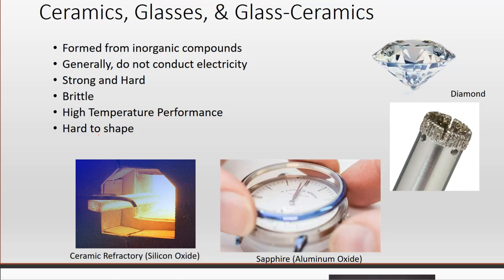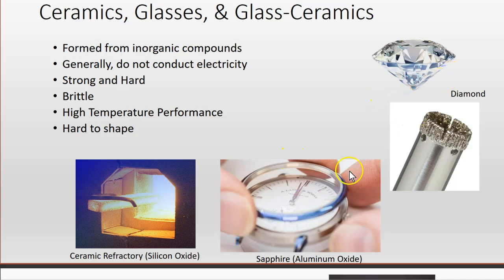The other main category, ceramics, which includes glasses and glass ceramics, are formed from inorganic compounds. They generally do not conduct electricity, are strong and hard, which makes them brittle, and they can withstand high temperatures. These characteristics make them very hard to shape.